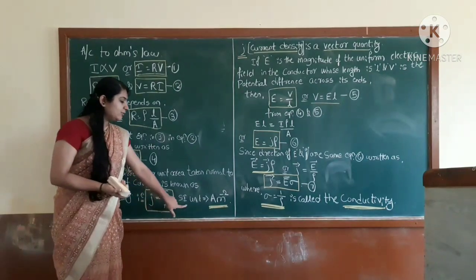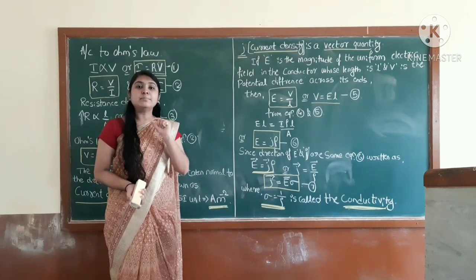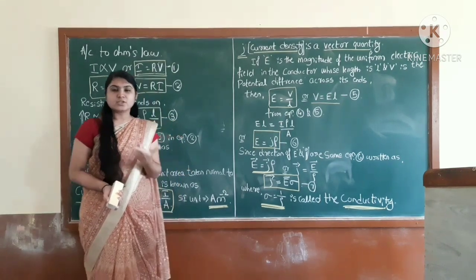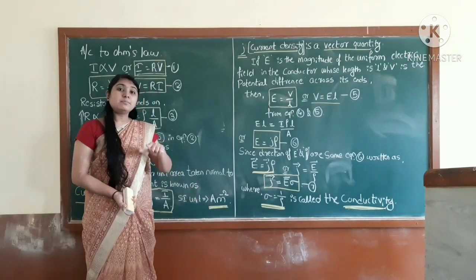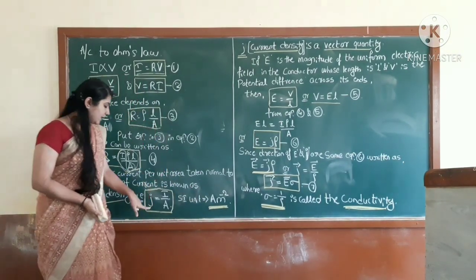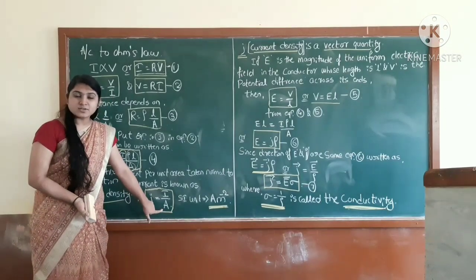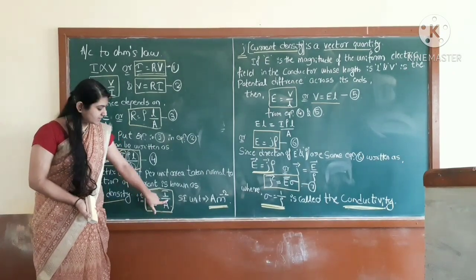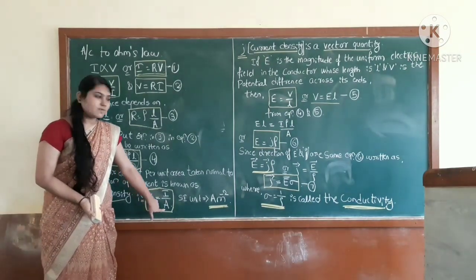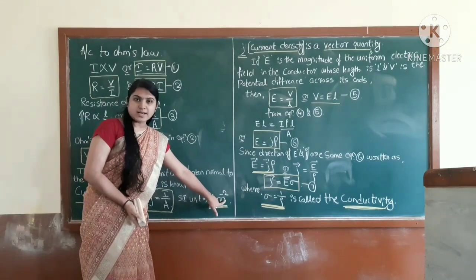So the SI unit of the current density will be ampere per meter square, correct? Ampere I will consider per meter square because area is in the denominator, and the SI unit of area is meter square. That's why I take it as per meter square, correct?